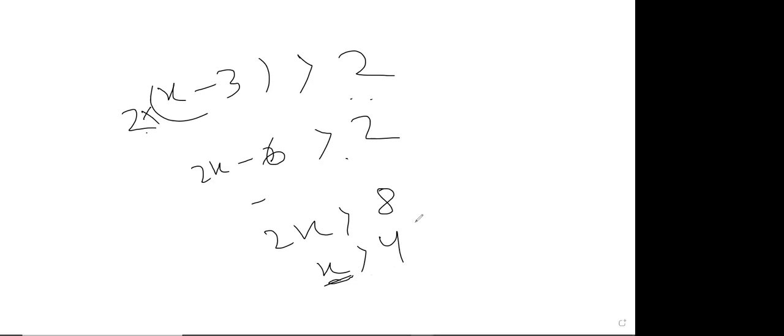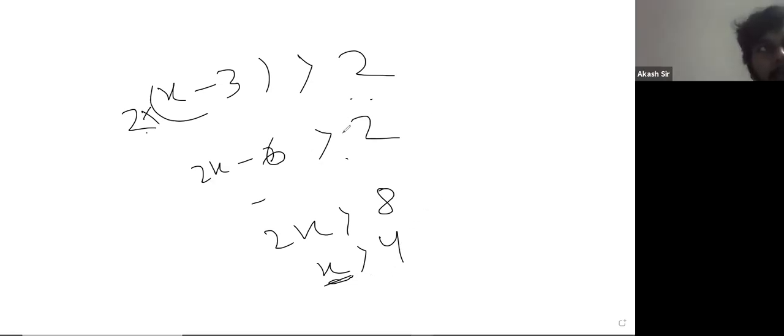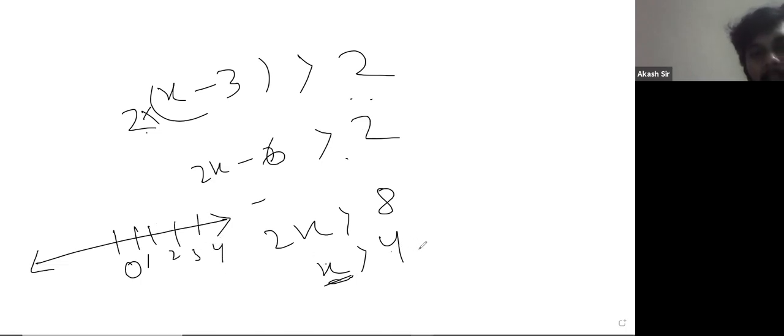Okay. So how are you going to represent this on the number line? Zero, 1, 2, 3, 4. X is greater than 4. So till infinite, right?